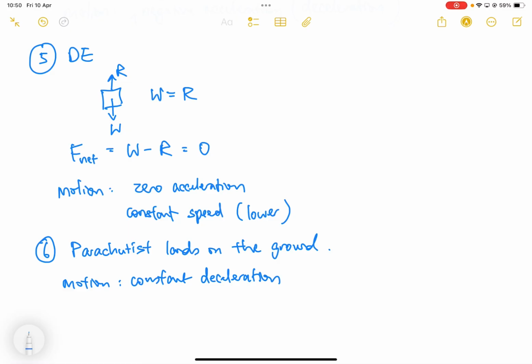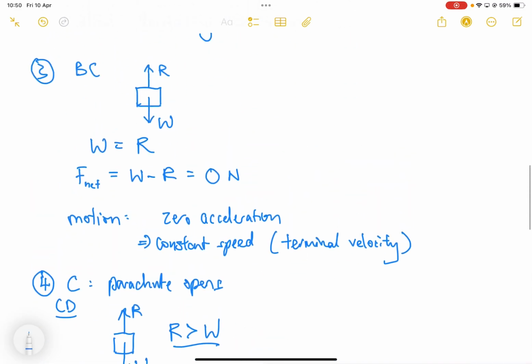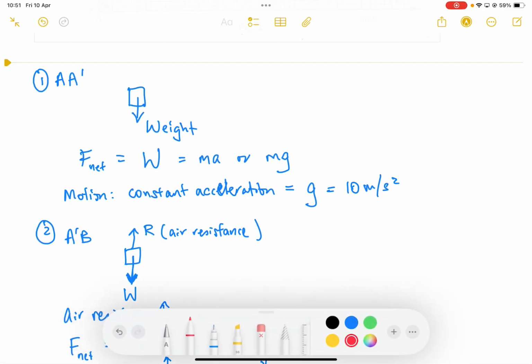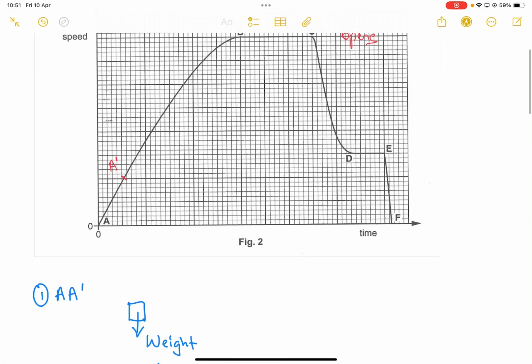Okay, now let's think about Newton's laws now. Okay, from section 1 to section 6, can you tell me which Newton's law do we use? Okay, which Newton's law do we use? I'm going to use another color. All right, from A to A prime. What Newton's law do we use? Remember, in general, when there are balanced forces, we use Newton's first law.